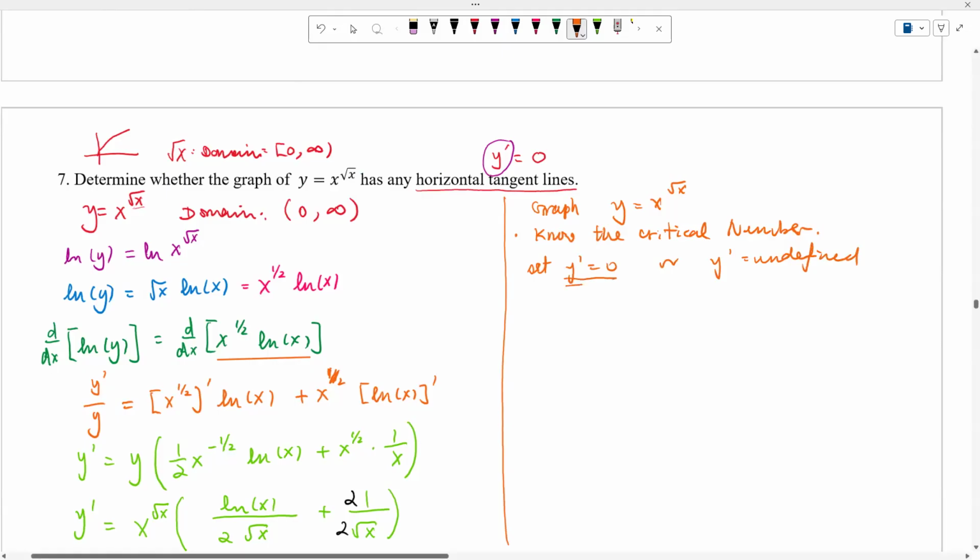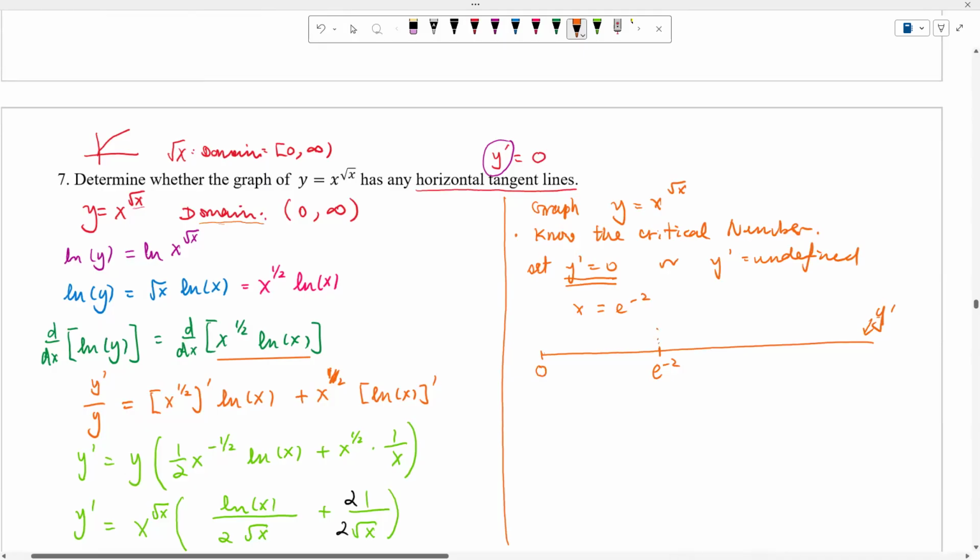In this case, for y prime equal to 0, x equal to e to the negative 2. So this one will be my critical number. Then again, the domain of this function is from 0, so we could start with 0.